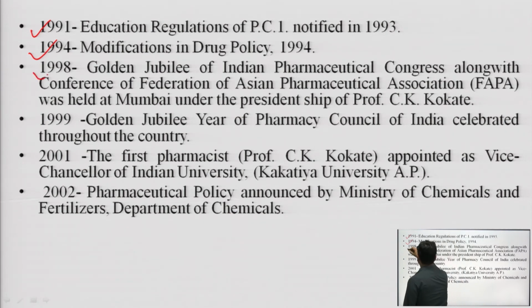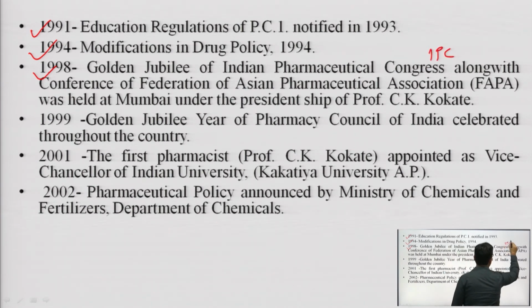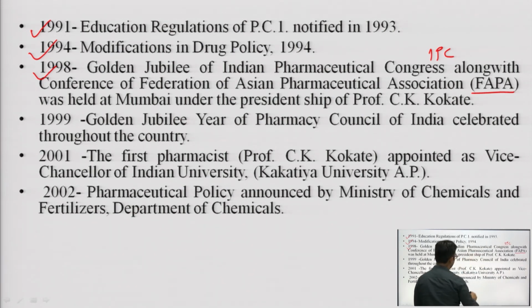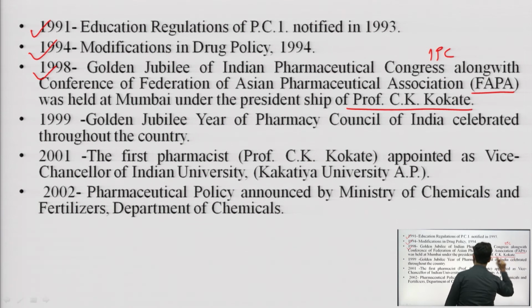In 1998, Golden Jubilee of Indian Pharmaceutical Congress, that is IPC, along with the Conference of Federation of Asian Pharmaceutical Association FAPA, was held at Mumbai under the presidentship of Professor C.K. Kokate.